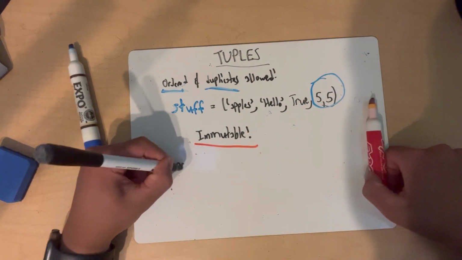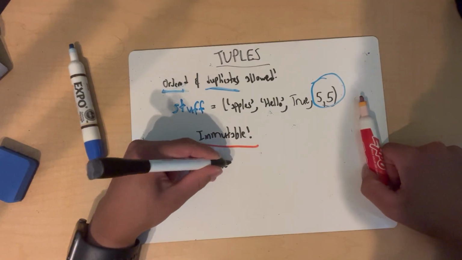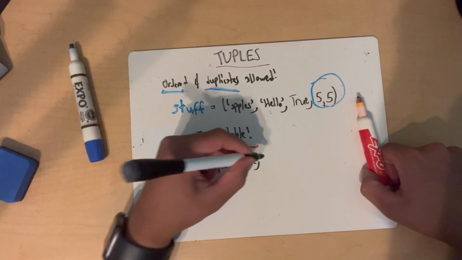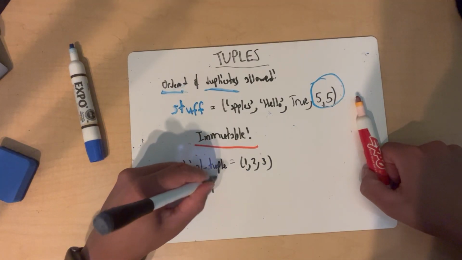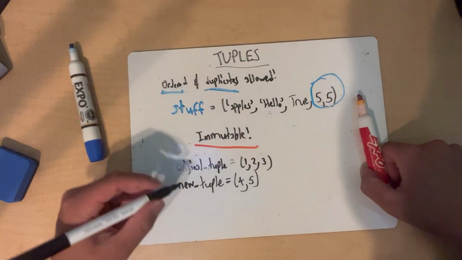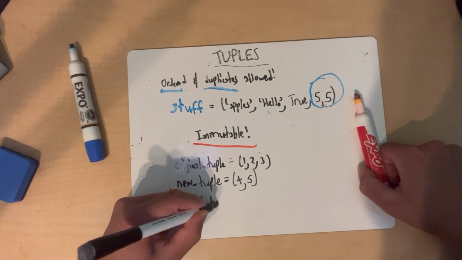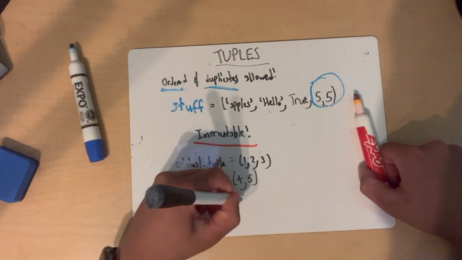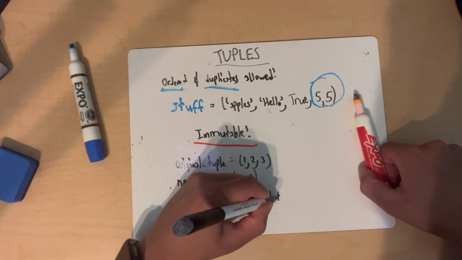So for example, if I wanted to change the length of a tuple, then I gotta create a new tuple for that. And so here's some code. Let's say I have an original tuple. It has 3 elements, 1, 2, 3, and I have a new tuple that has 4 and 5. If I wanted to have a tuple that's 1, 2, 3, 4, 5, then I can't just update the original tuple by saying 1, 2, 3 plus 4, 5, because the original tuple that I created in the first line can't be changed.